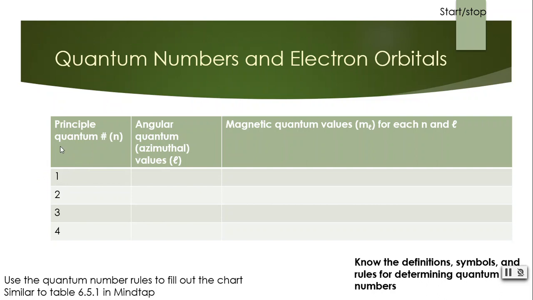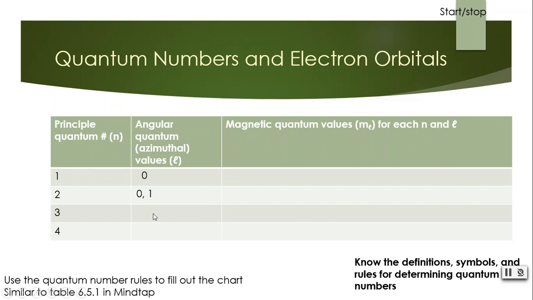So if my n is 1, then my only value for the angular momentum quantum number is 0. When I go to n equals 2, my possible values are 0 and 1, because remember, the angular quantum number is a range of values based upon n, specifically 0 to n minus 1.